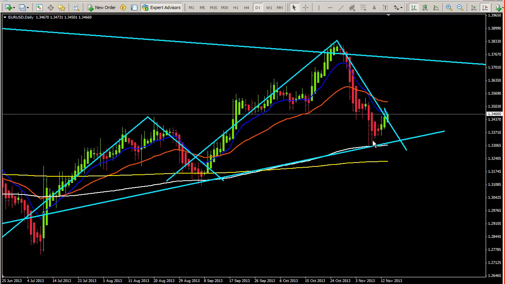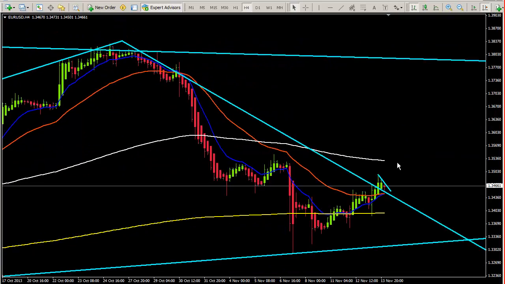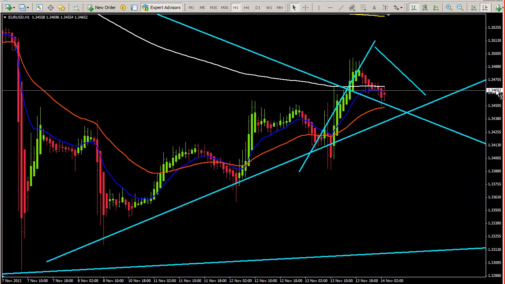But for conservative entries, what we actually need, since we have the line already there, is another 1, 2, 3 over this line, right? Ideally a nice looking 1, 2, 3 on the 4 hourly chart. If you don't get it, at least a 1 hourly, and things are getting more aggressive.